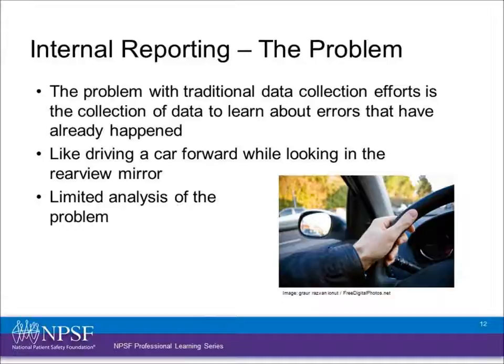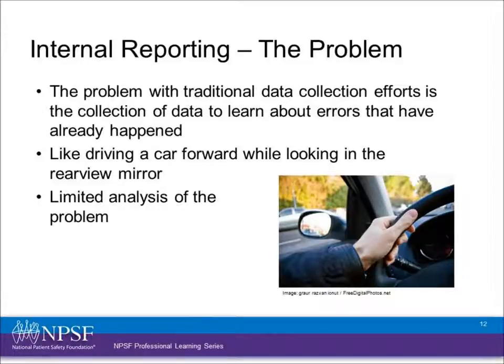So if we're waiting, for example, for a serious event to occur, and then we're prepping our investigation for an eventual malpractice claim, we might be looking at those factors based on who we think is going to be named in the claim. We might be trying to look at the individuals or the error operator in that situation. We might not do a root cause analysis that fully exposes some of the systemic vulnerabilities.